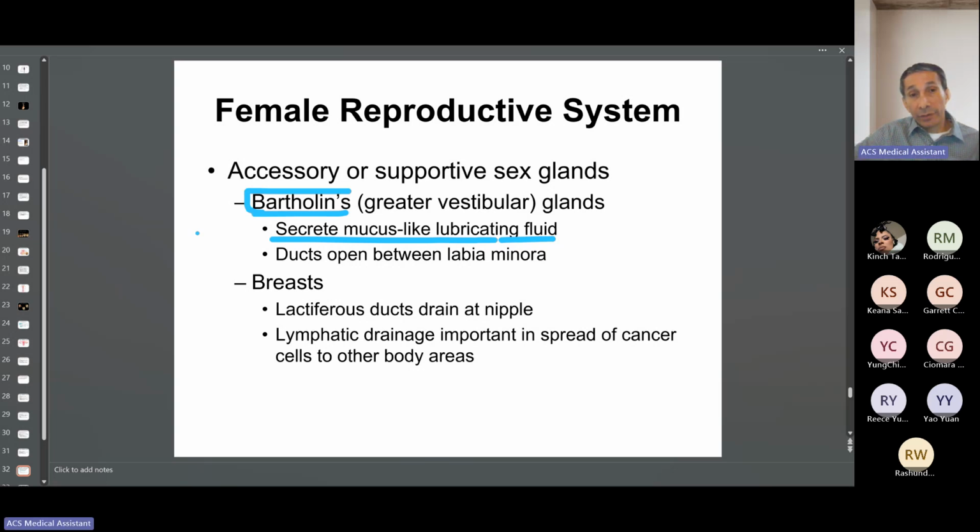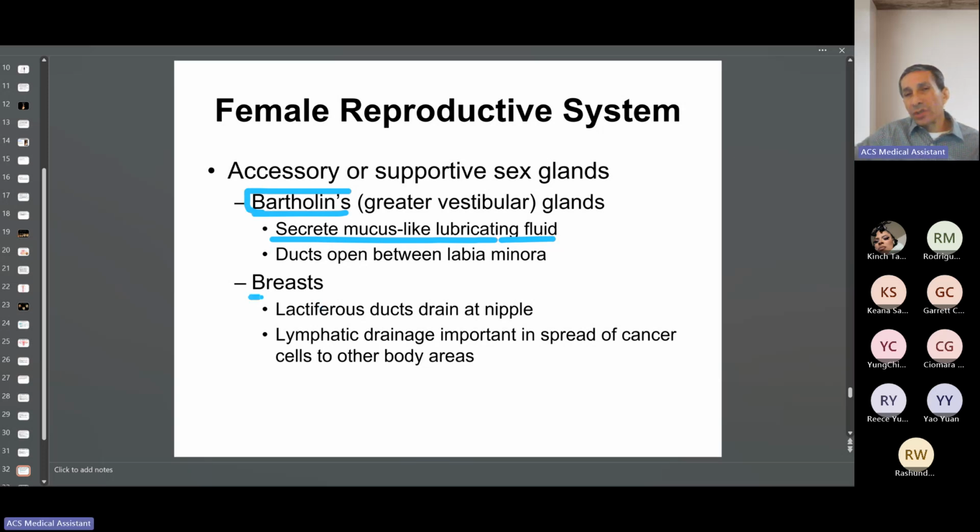So they are very important, because they lubricate the labia, all those lip-like structures: the minora, which is inside, and the majora, which is on the outside.